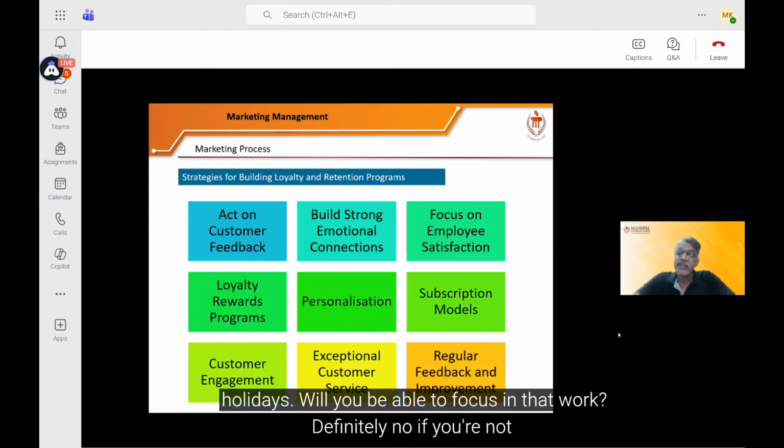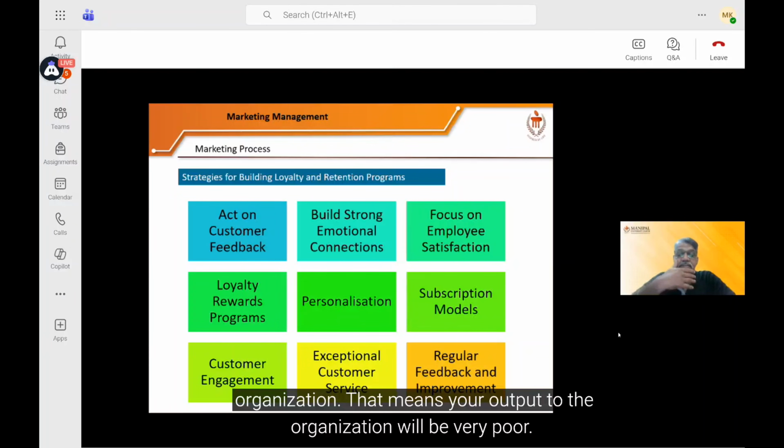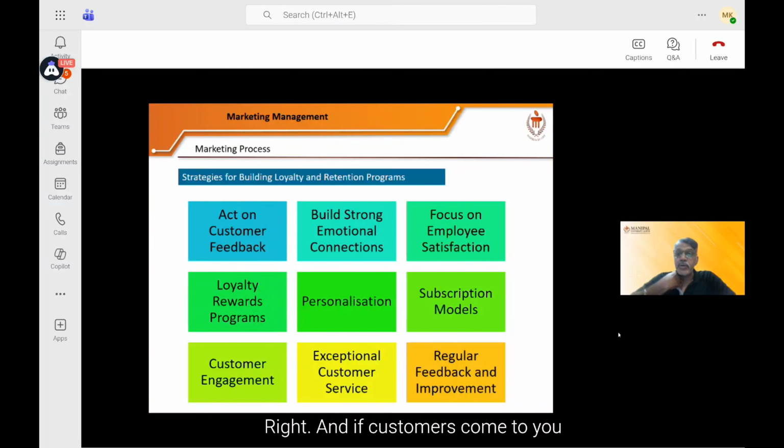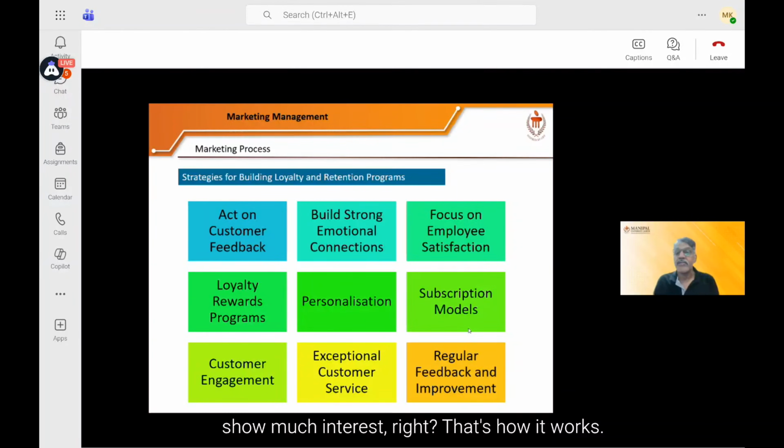Will you be able to focus on that work? Definitely no. If you're not able to focus on that work, that means you are representing the organization, and your output to the organization will be very poor, right? And if customers come to you or you're trying to sell the product to particular customers, you will not show much interest, right? That's how it works. Next.